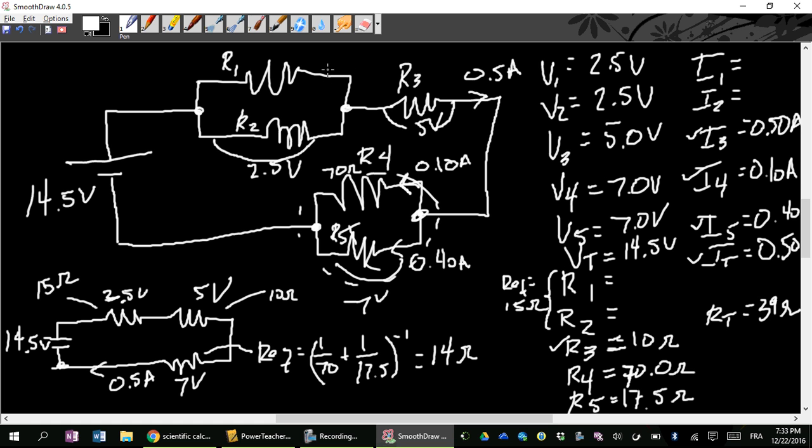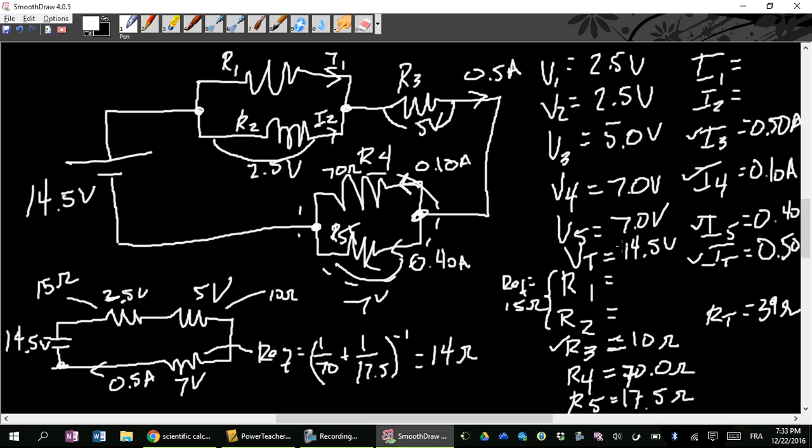The issue is I don't know the current in I1 and I don't know the current in I2. I cannot find a way to figure that out. What I know is that I1 plus I2 give 0.5, but I don't know how they split. R1, R equivalent, R2. I think I'm stuck here.